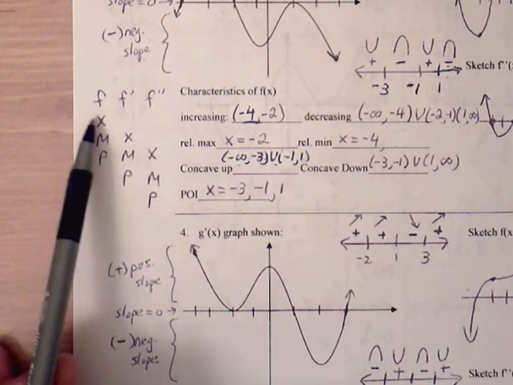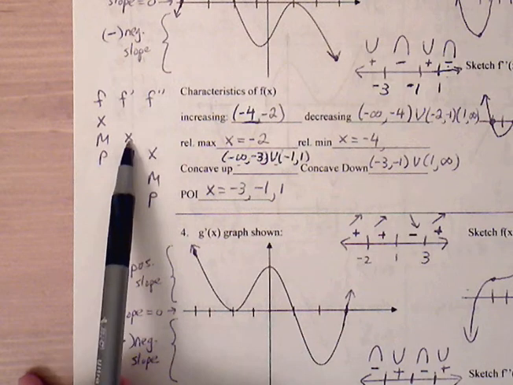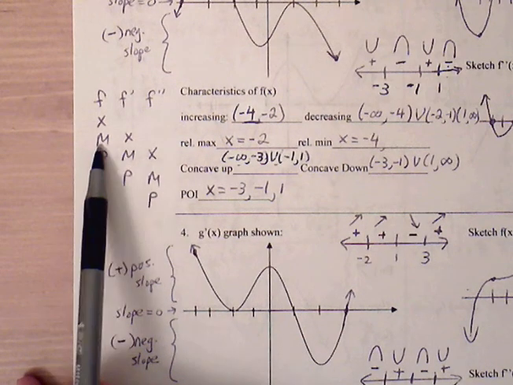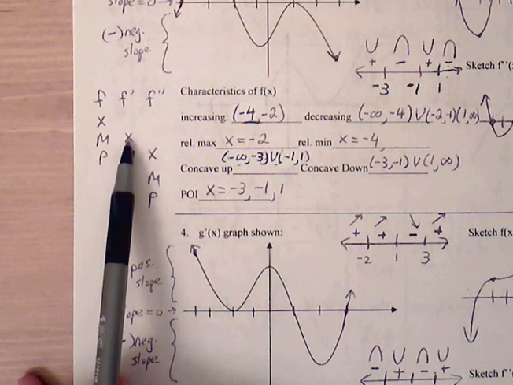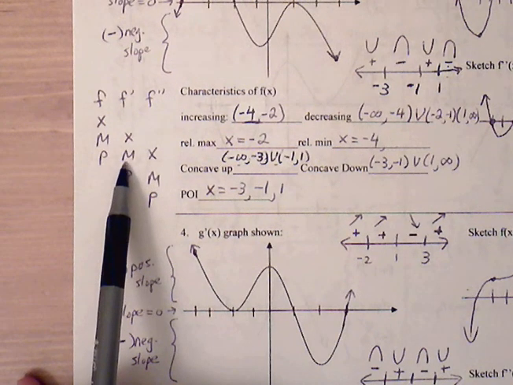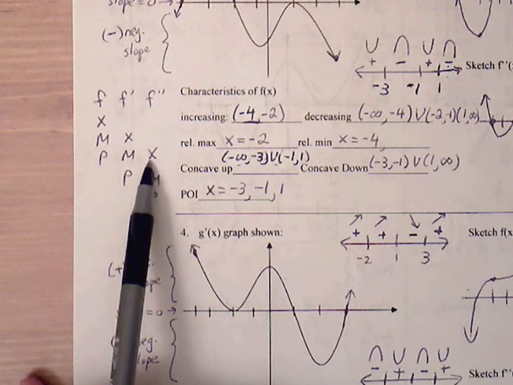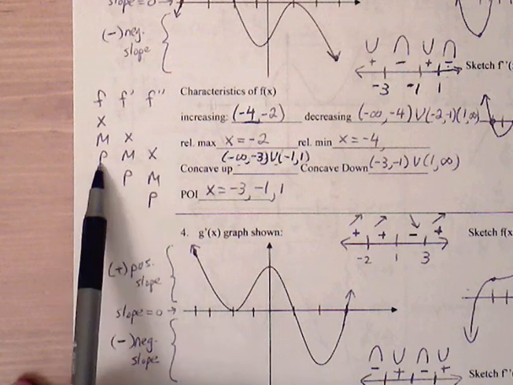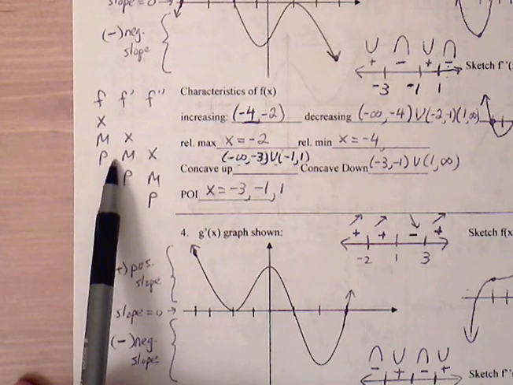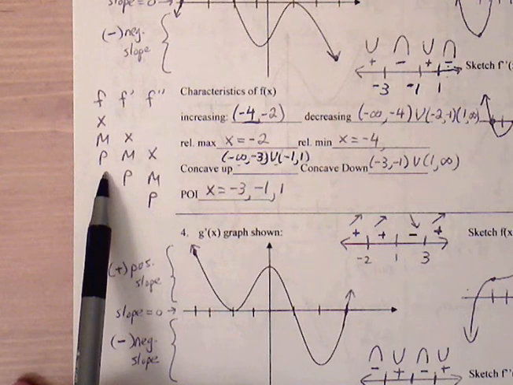If we're looking at the f prime graph, the x-intercepts will be the max and min of your f of x graph. And if you're looking at the hills and valleys of your f prime graph, those will be the points of inflection for the f of x graph.